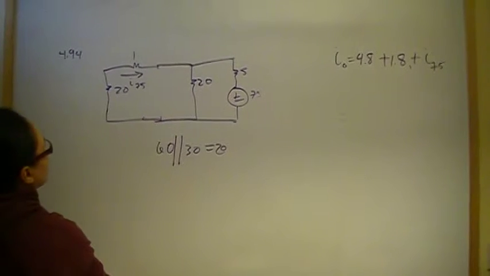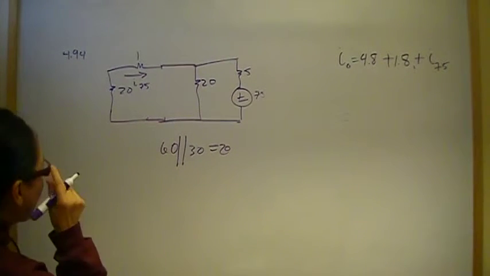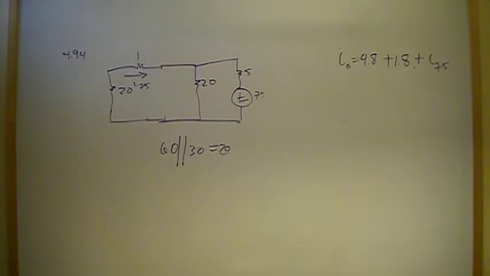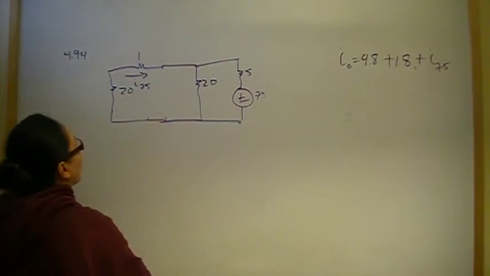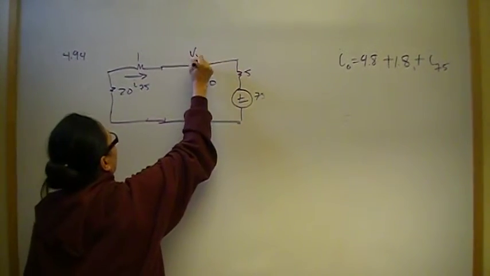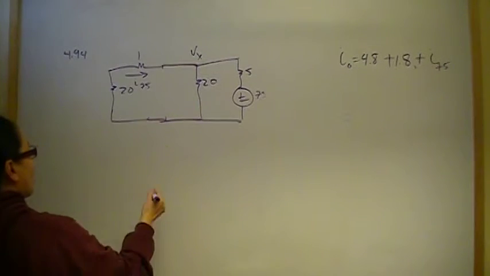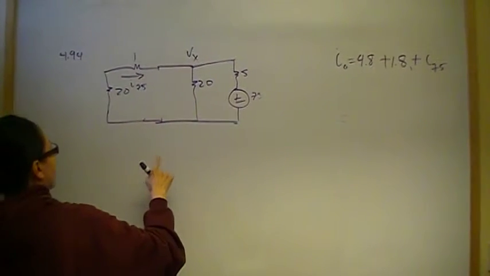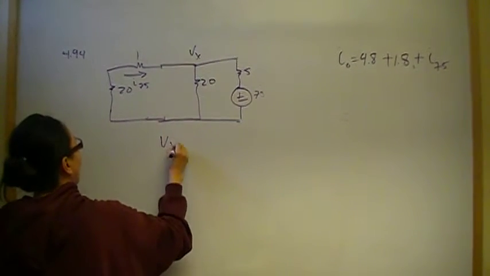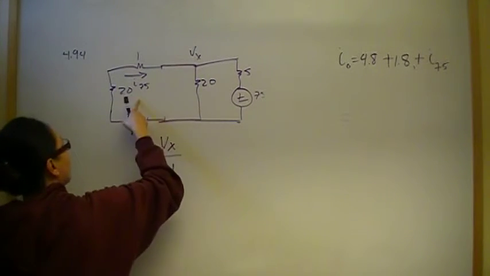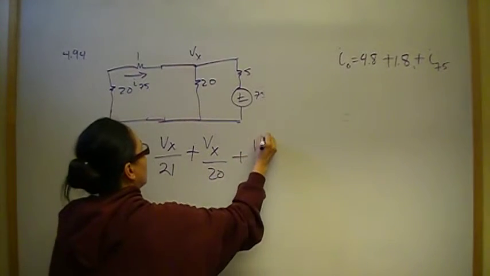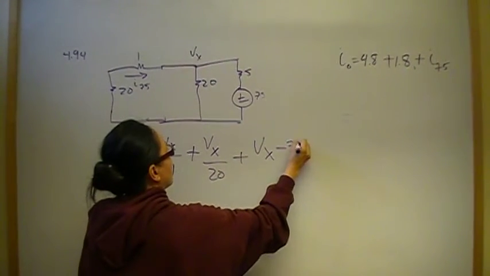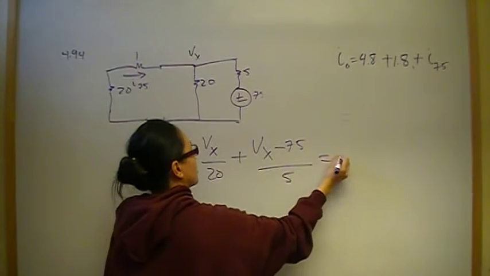Now you can use a variety of methods. What I ended up using was node voltage, or KCL. So I have some Vx here that I want to find. So I did KCL to find Vx. Vx over 21 gives me that current away, plus Vx over 20, plus Vx minus 75 over 5 is equal to 0.